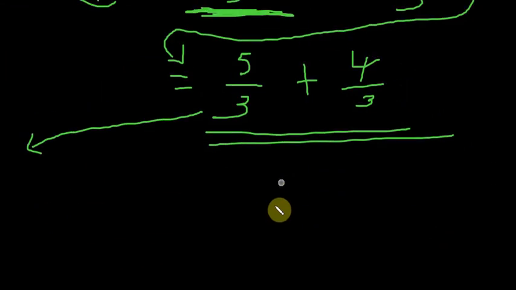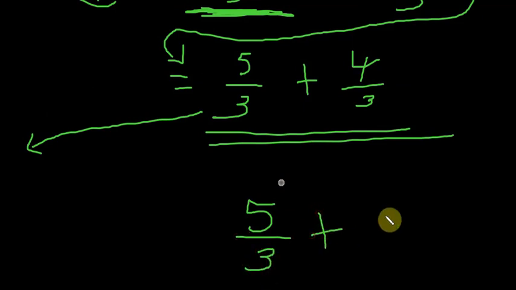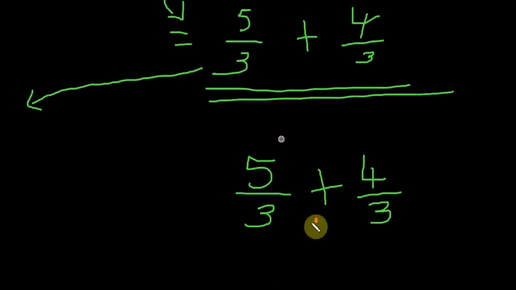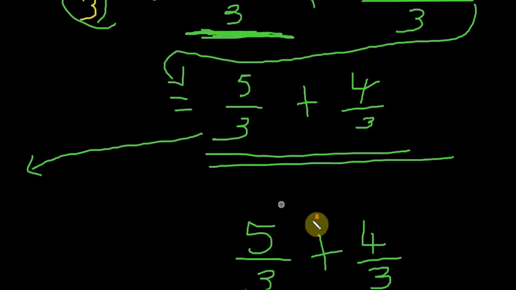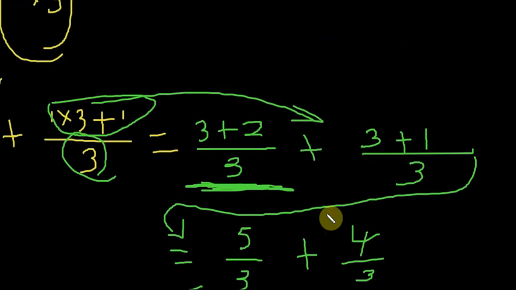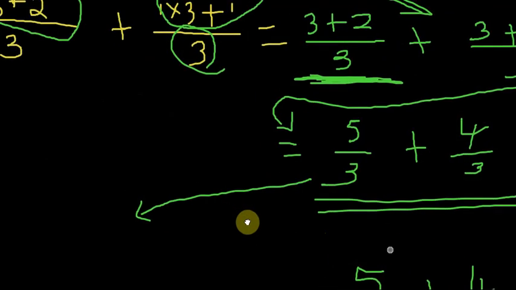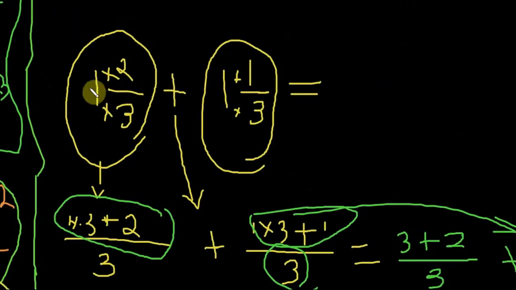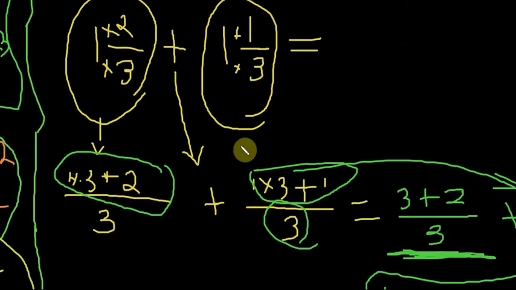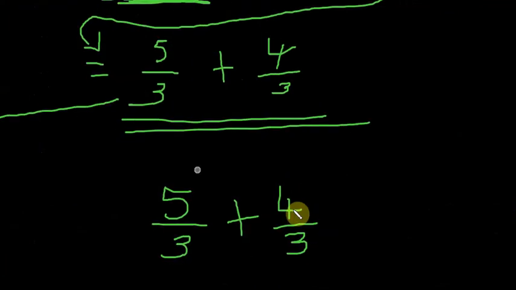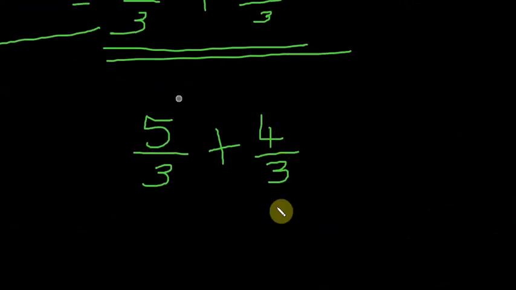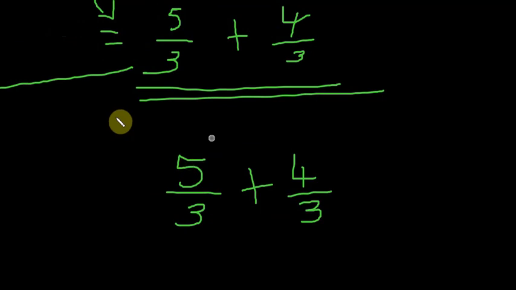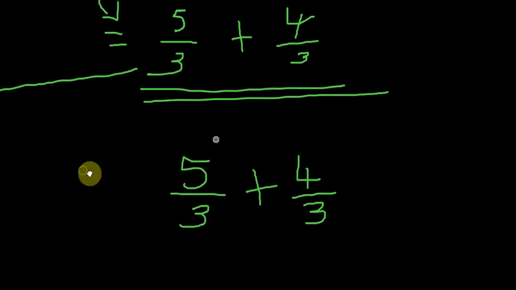this, 5 over 3 plus 4 over 3, is actually the improper version, the improper fractions of these mixed fractions here. 1 and 1 over 3, if you convert it to an improper fraction, you get 4 over 3. 1 and 2 over 3 gives you 5 over 3.